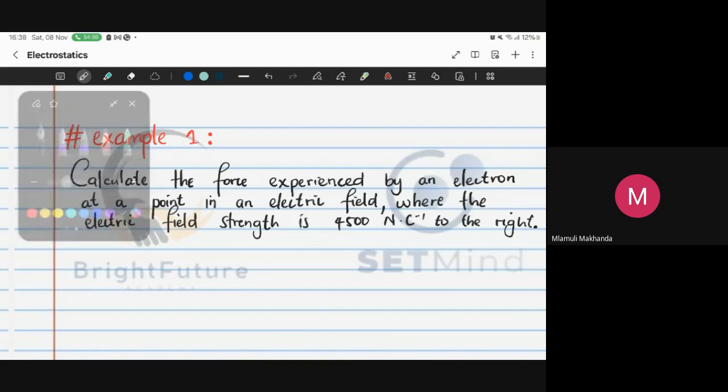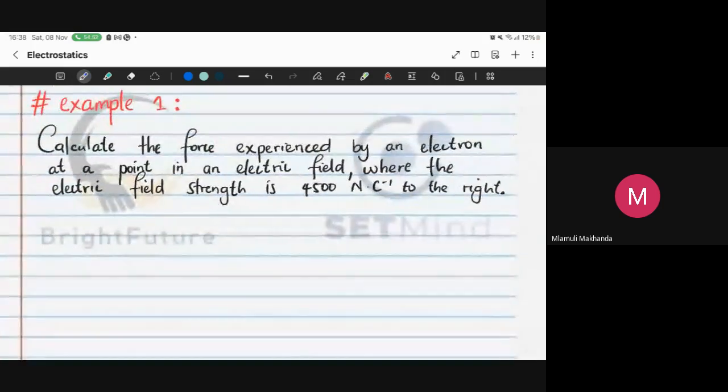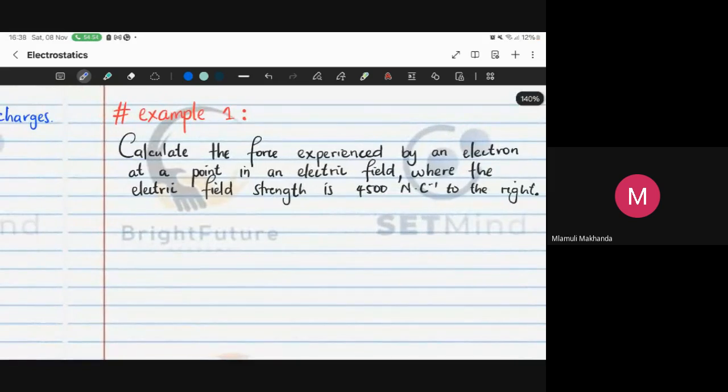So now, how you would find this is quite straightforward actually. We know that if we want to find the electric force experienced by an electron or whatever charge at a point, we can use E = F/Q, right? Obviously, one might be thinking we could have used the other formula, but the issue with that is we don't know r.